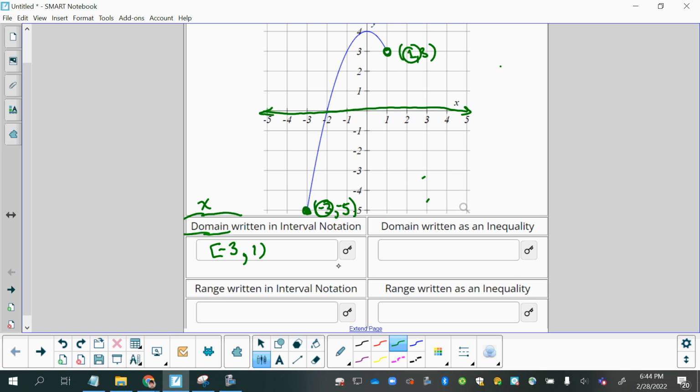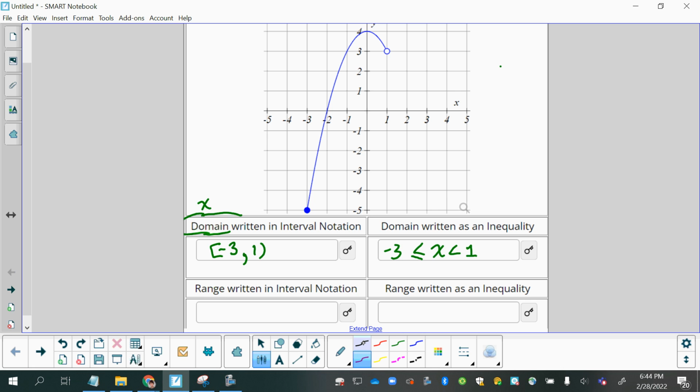So everything in between. All right, now to write that as an inequality, I'm going to say that x is between, and on the left side it's going to include -3, and it's going to go up to +1, but not including it.